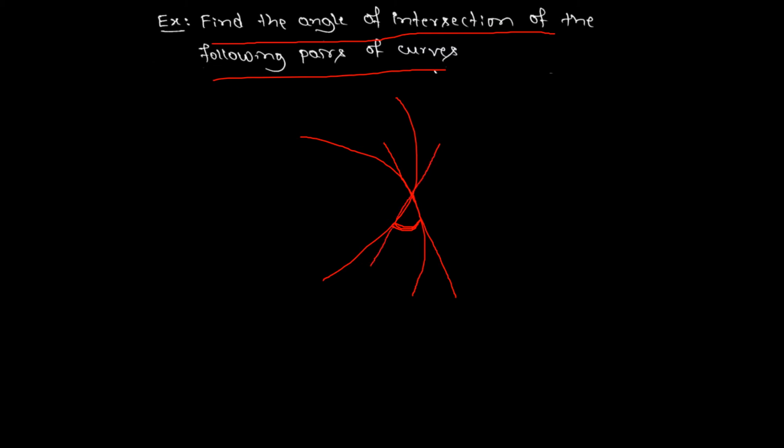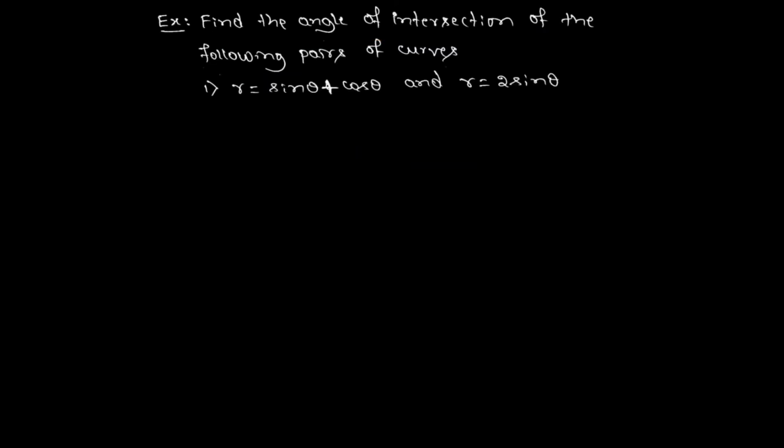Now let us see how we find the angle between two polar curves. Here we have two polar curves, this one and the other one. We need to find the angle between these two curves.